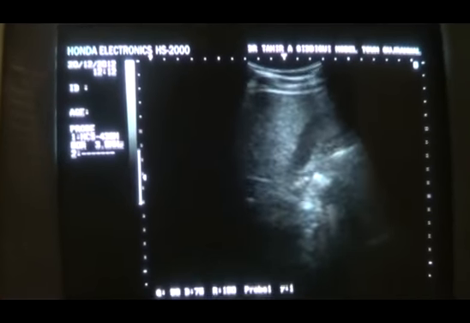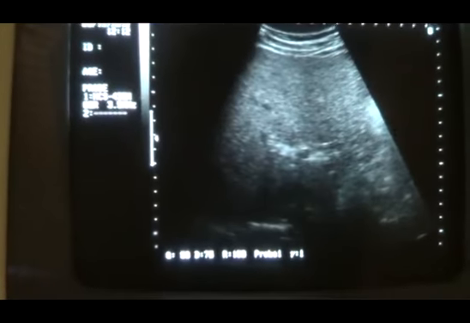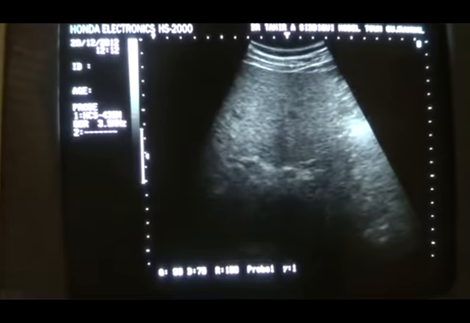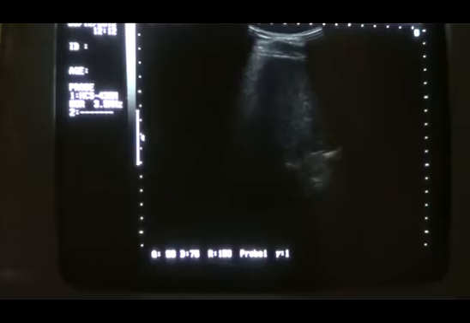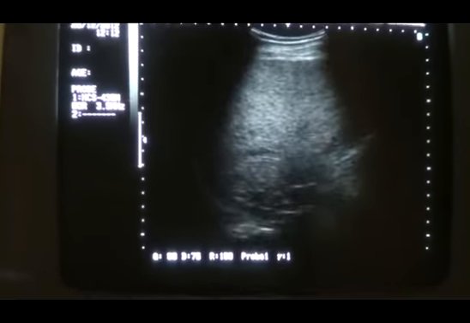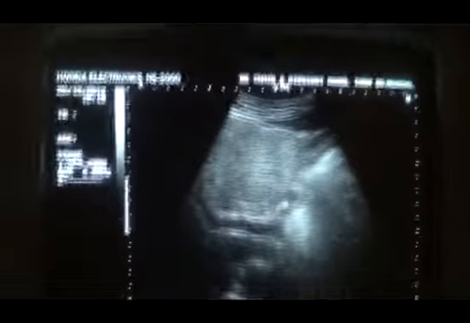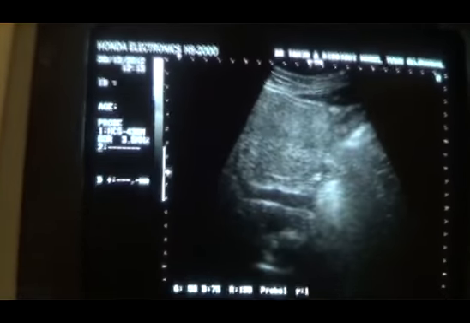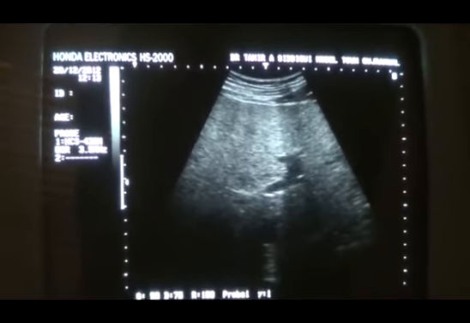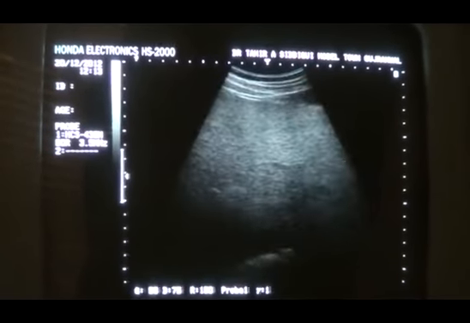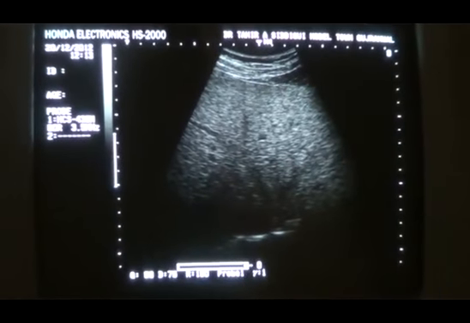Now, with the diffuse increased parenchymal echogenicity, the area above the diaphragm appearing black, with the decreased periportal echoes, these are the periportal echoes, this is the portal vein, with the blurred vessel margins, mainly of the hepatic veins, is suggestive of a level 2 fatty liver.